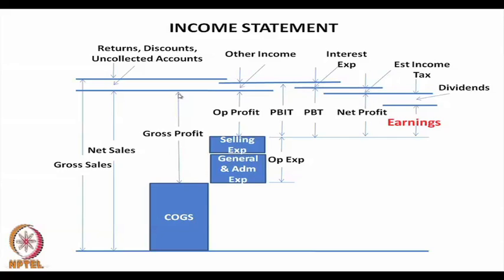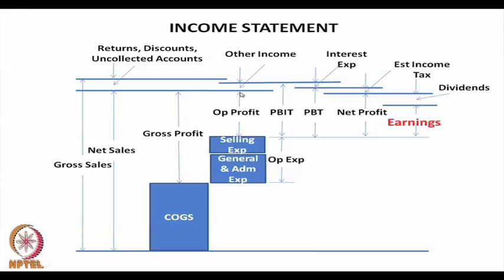From the gross profit, if we subtract general and administrative expenses and selling expenses, which together constitute the operating expense, then what we get is the profit out of the operations, also known as operating profit. To the operating profit, we add income from various other sources.